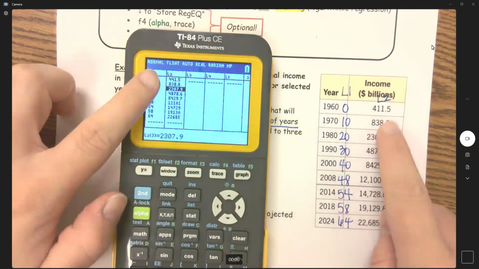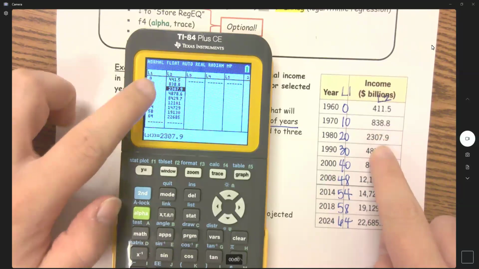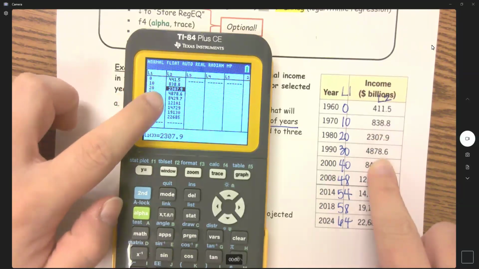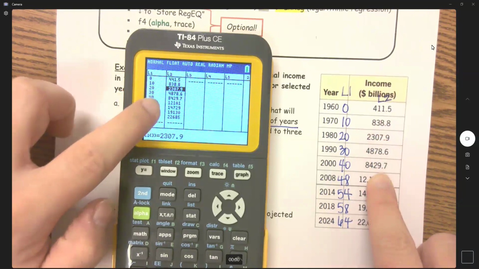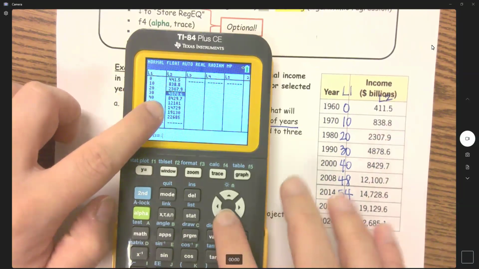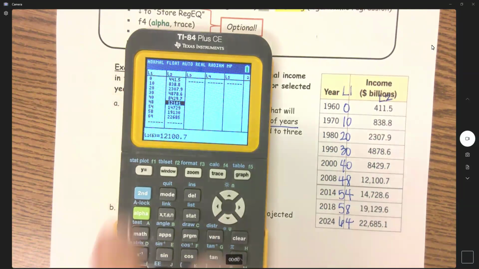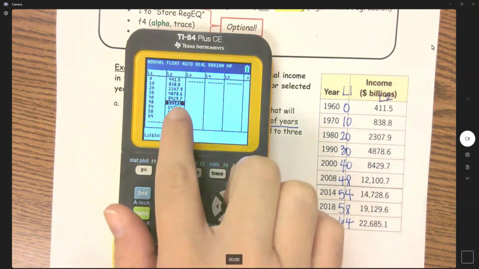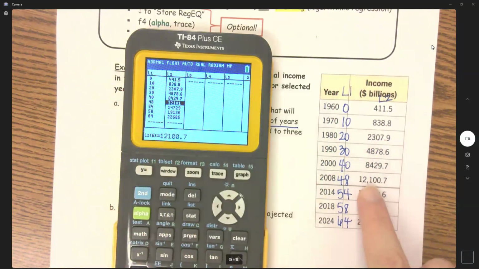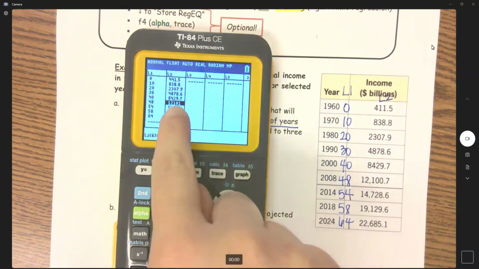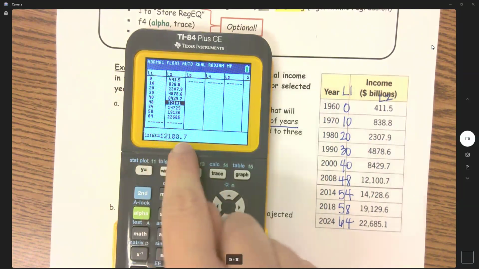For some of these, most of the top ones, I can check in here. But once it gets to this one here, you're going to have to, so see how it says 12,101, but it's 12,100.7. If you put your cursor or your highlighter on it, you can see what you actually put in here.